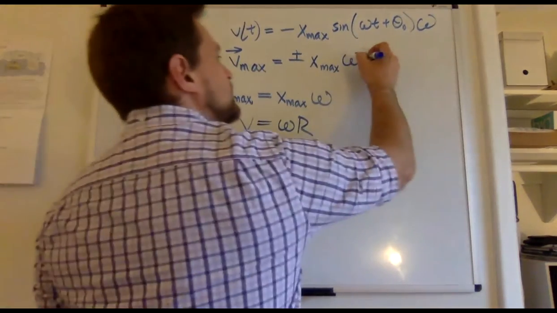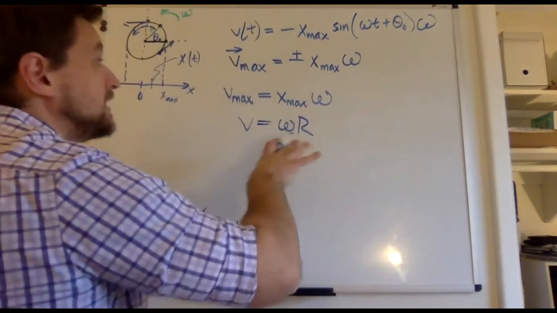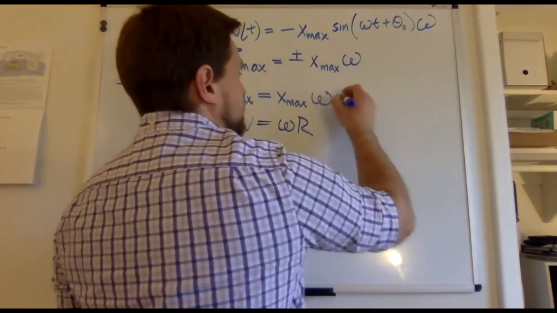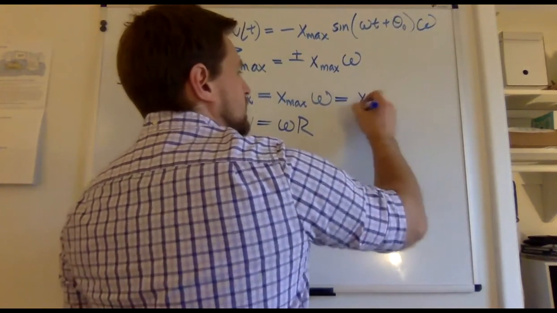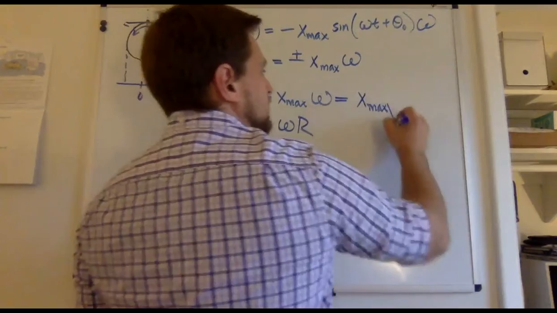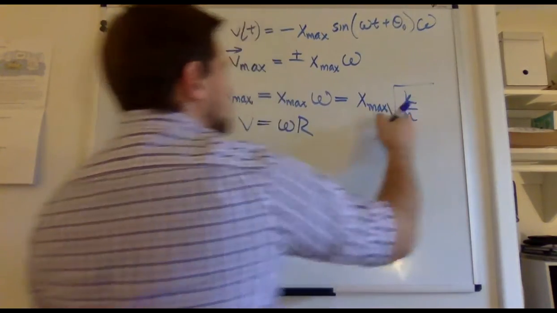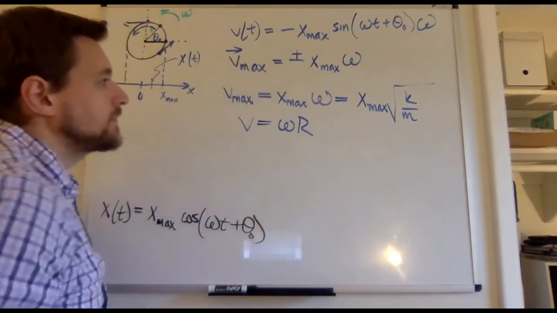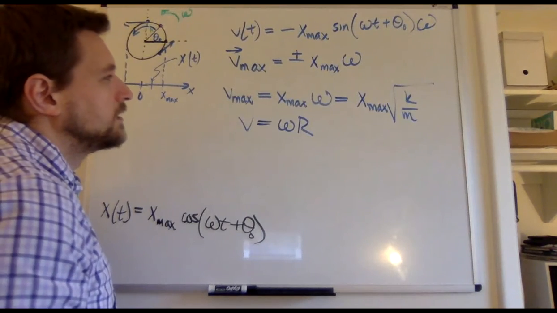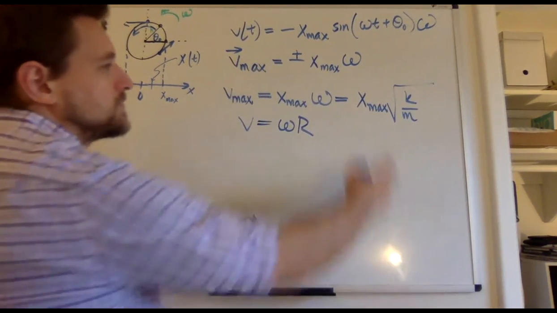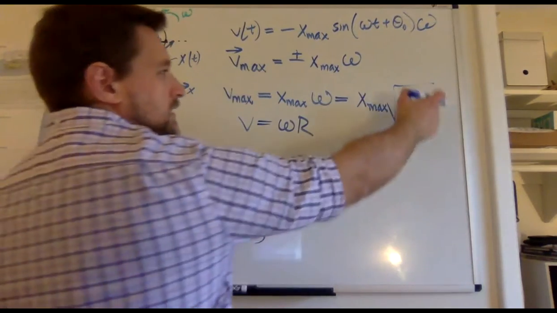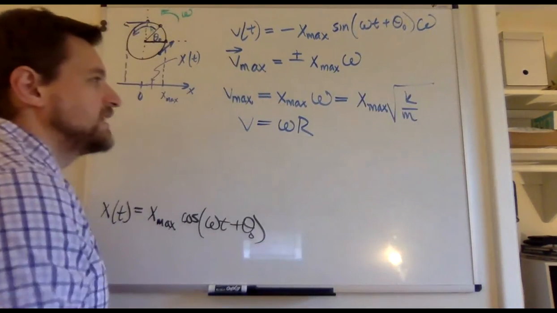And we know what it is because as long as we keep omega equal to the value that corresponds to reality, we know that omega is the square root of k over m. So we can talk about the maximum speed in terms of how far we pull the mass away from equilibrium and the stiffness and how much mass it has.